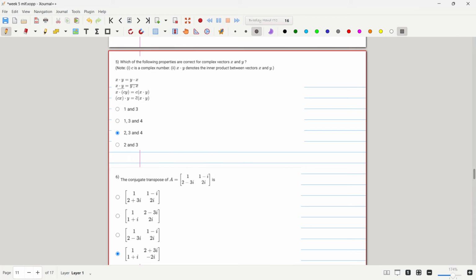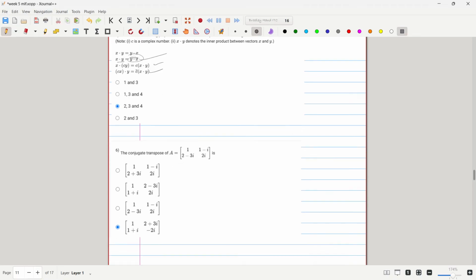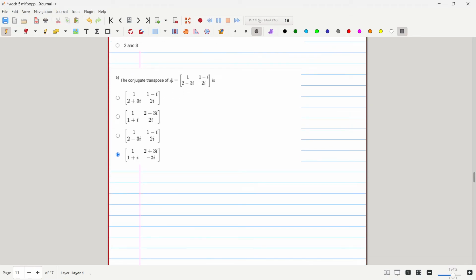Then x dot y is equal to the conjugate of y dot x, so this is the correct property, and these two are also correct. Here you have to find the conjugate transpose of A. First you need to find the conjugate: 1 plus iota, 2 plus 3 iota, and minus 2 iota. After taking the transpose, this will be 1 plus iota, 2 plus 3 iota, and minus 2 iota. That means third option.